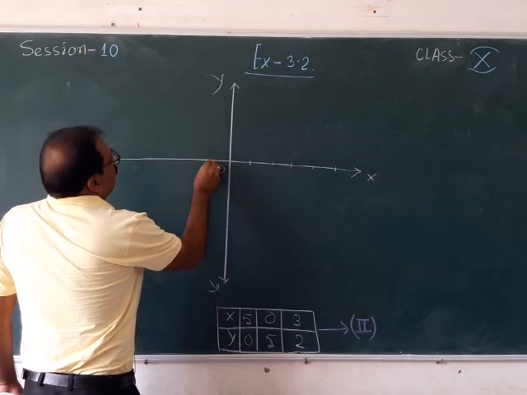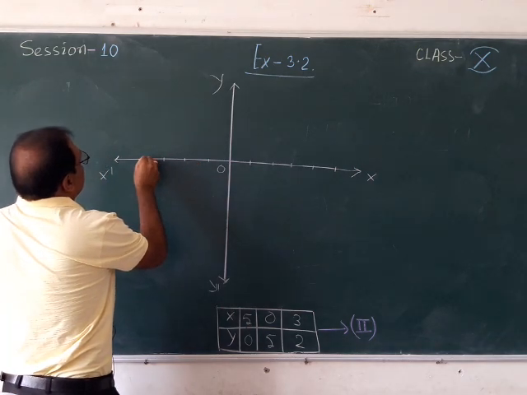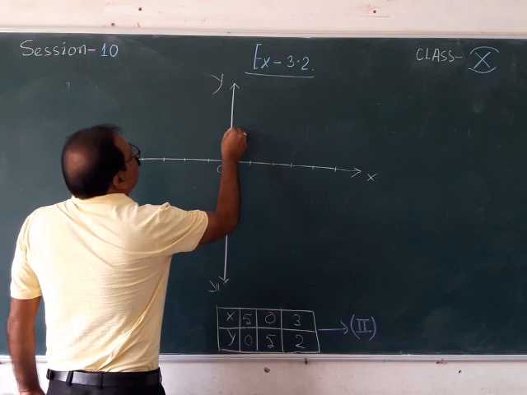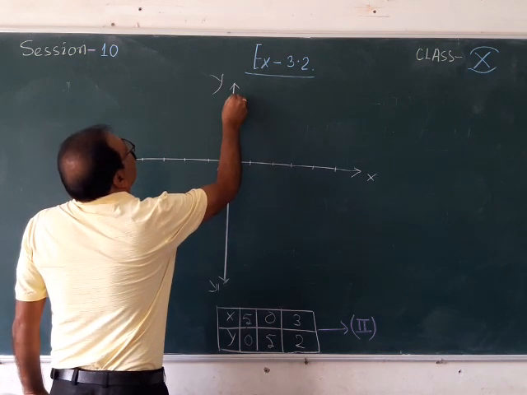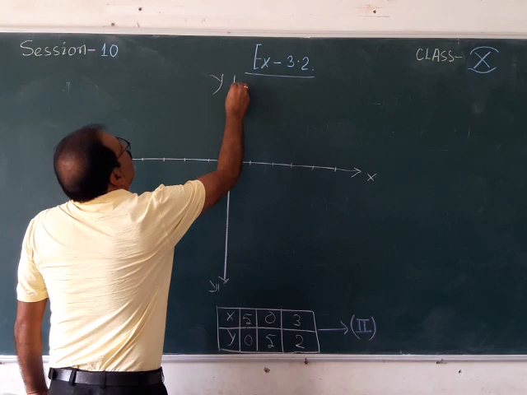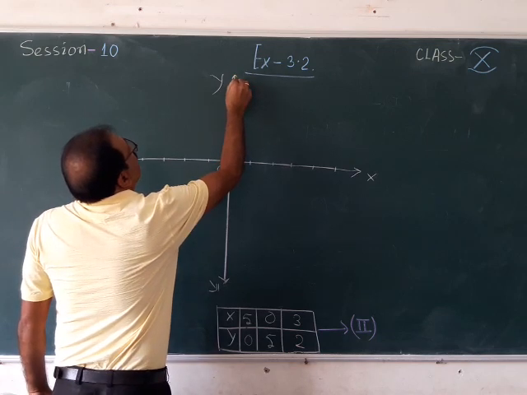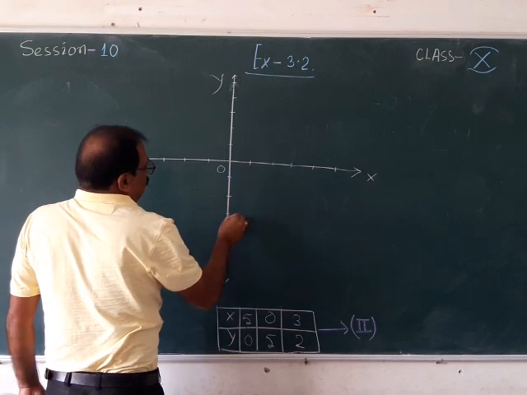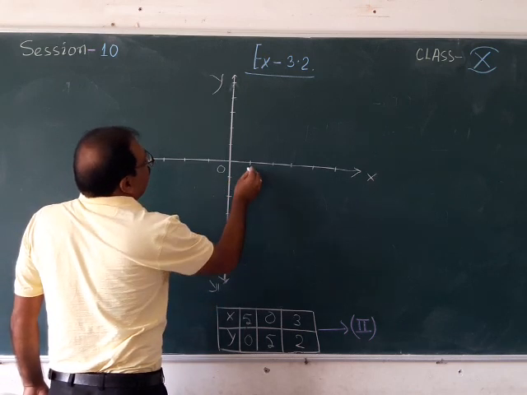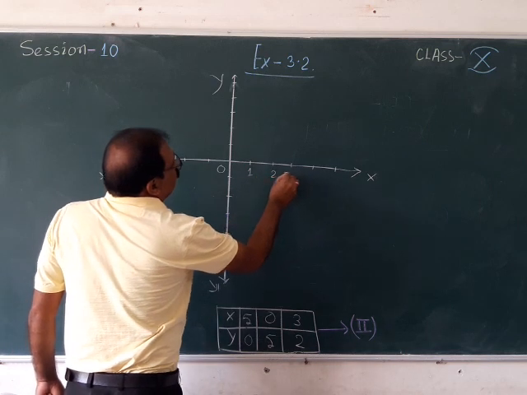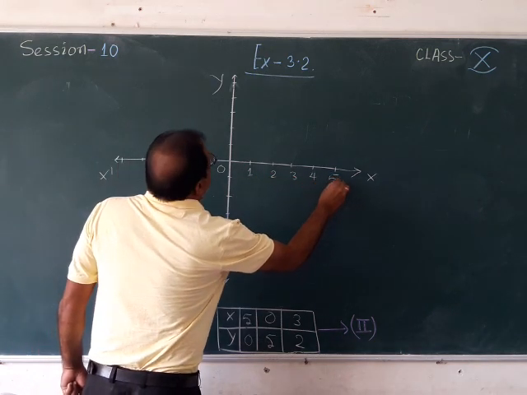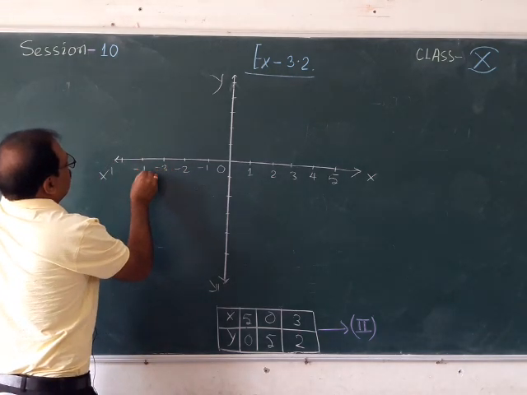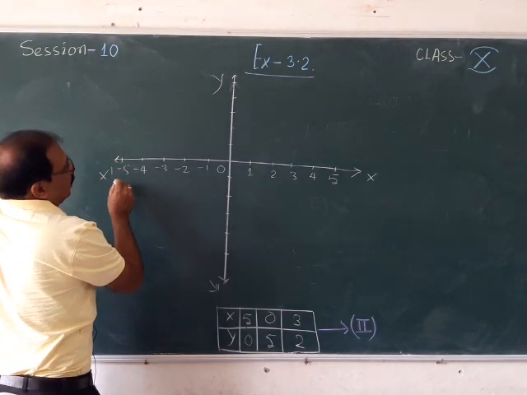This part also 1, 2, 3, 4 and 5. This side also 1, 2, 3, 4 and 5. Write down the values 1, 2, 3, 4, 5. This side it is -1, -2, -3, -4 and -5.